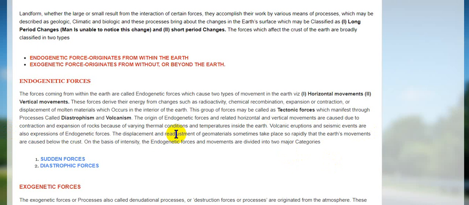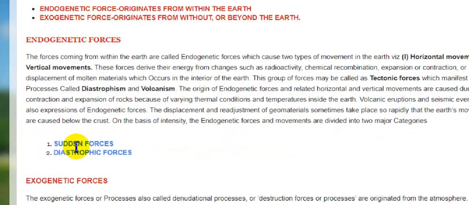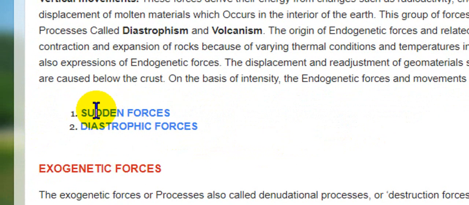The displacement and readjustment of geomaterials sometimes take place so rapidly that the Earth's movements are caused below the crust. On the basis of intensity, the endogenetic forces and movements are divided into two major categories: sudden forces and diastrophic forces.